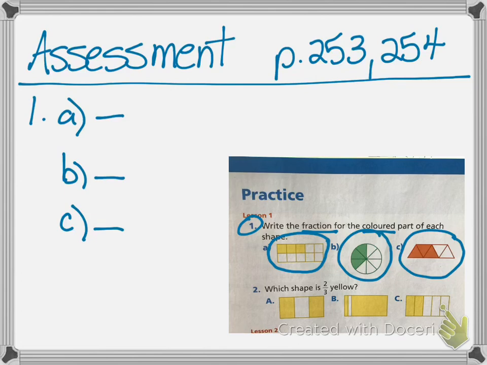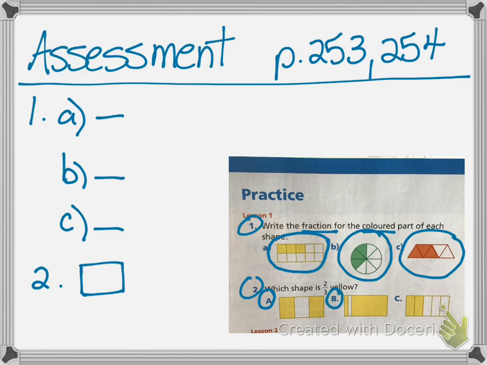Okay, so now you should have a fraction written for A, B, and C. And now we're going to move on to number 2. Number 2 says, which shape is 2/3 yellow? So you have to choose. You're only going to write one letter in there. Is A 2/3?